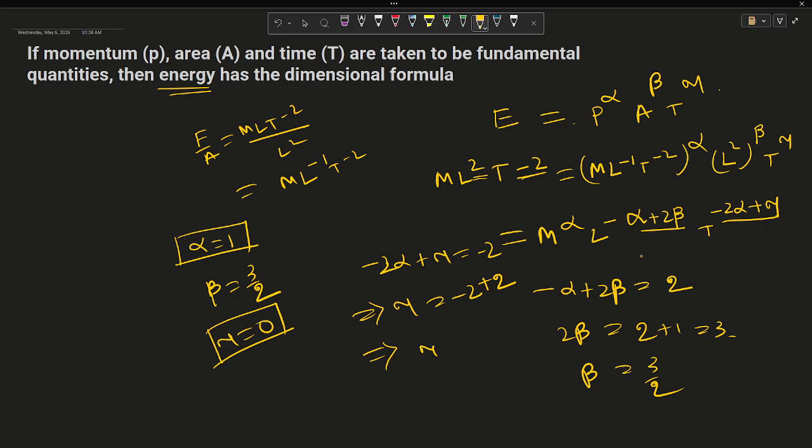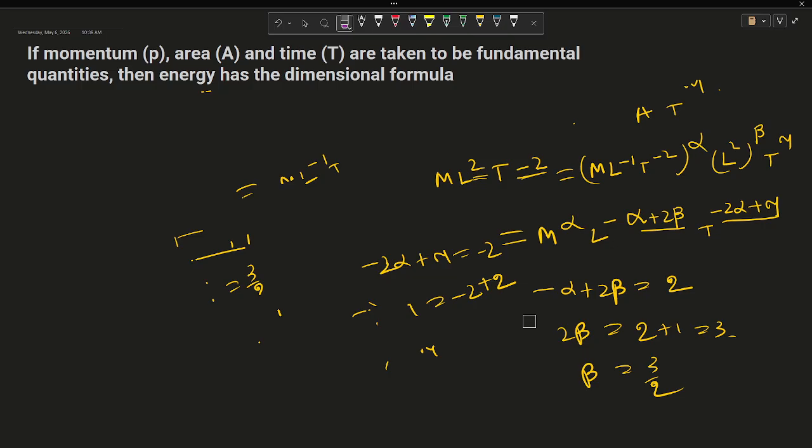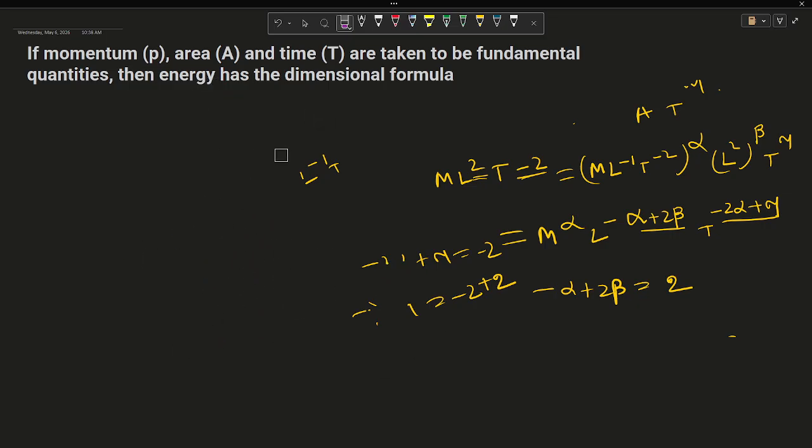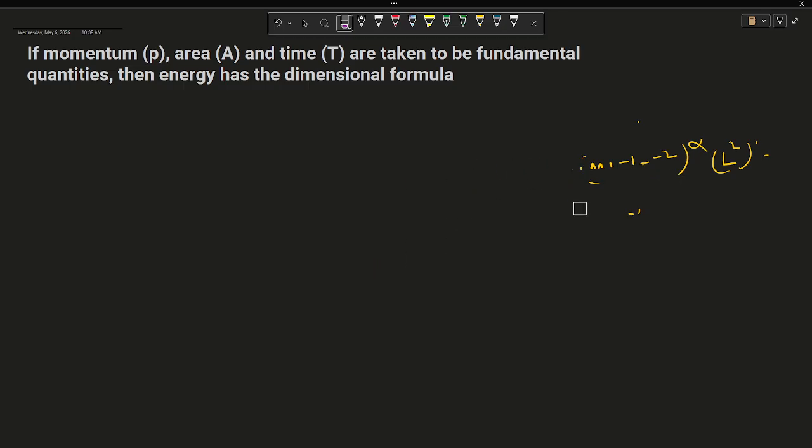Sorry, this one is momentum. We have taken it as pressure, but here P is momentum, I have taken it wrongly.